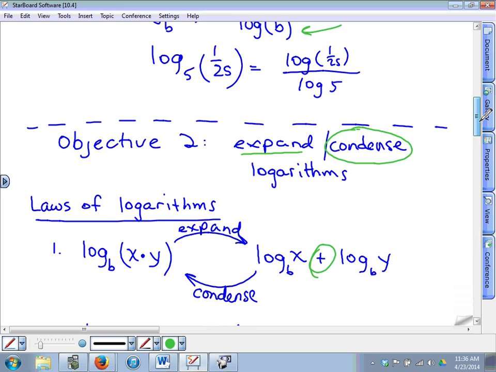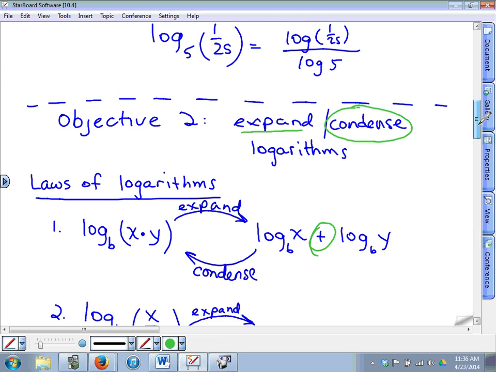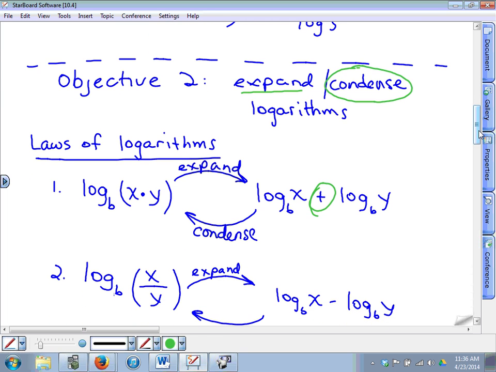Law number 2, honor that logarithm. No, almost the same as law number 1. The connection you need to make here is if you're taking the logarithm of some kind of a fraction, then you separate the two logarithms using subtraction.